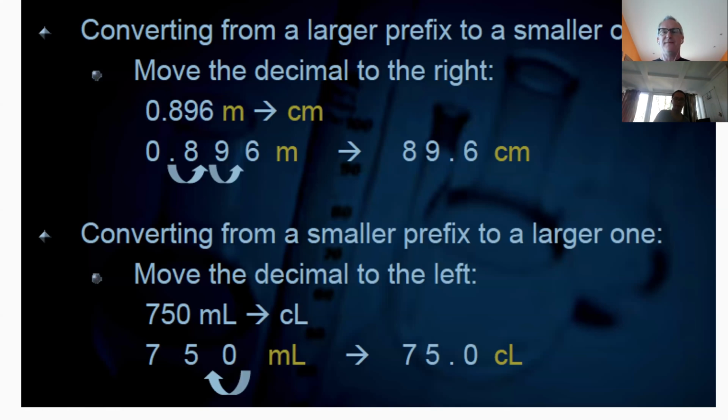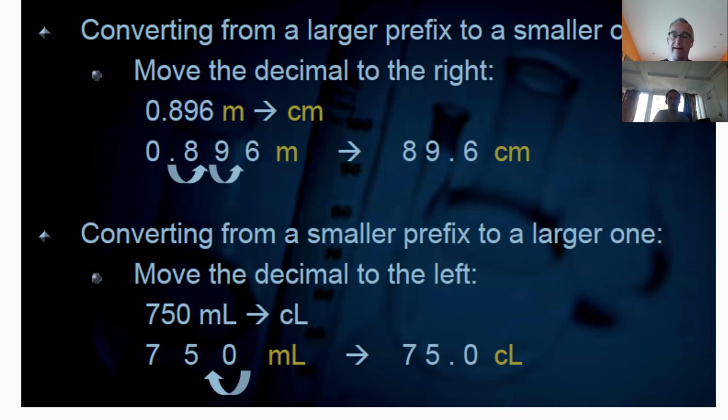So this just explains when we're moving our decimal one way versus another way. Just remember, every time you move a decimal, you're changing by 10. So if you're moving from meters to centimeters, you're moving to the right, you're increasing the number. If we move it 2 places, we've multiplied by 100.